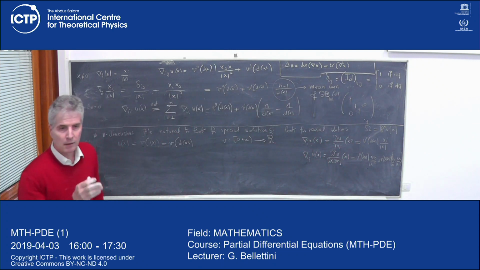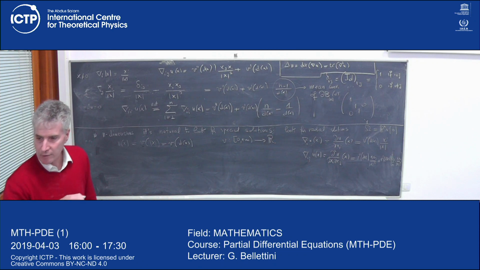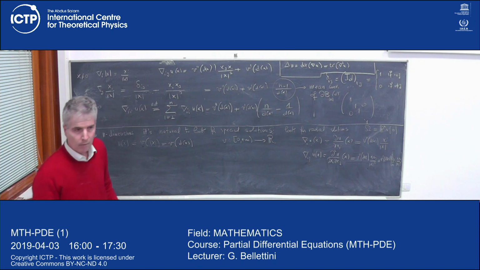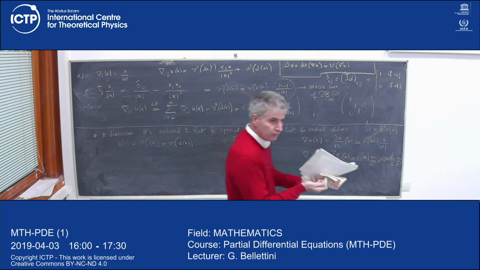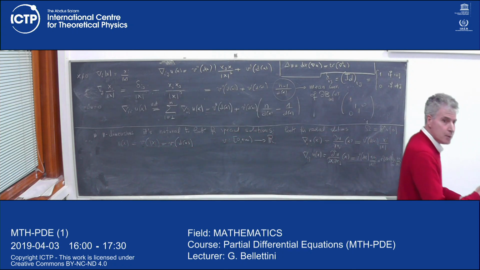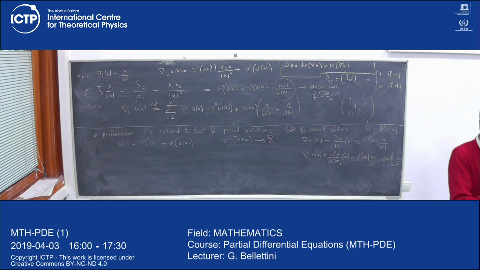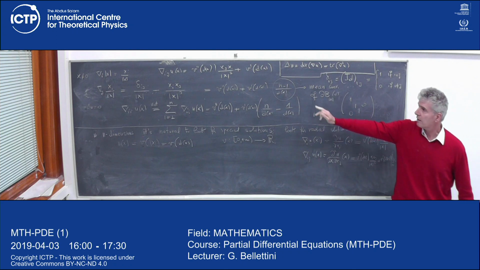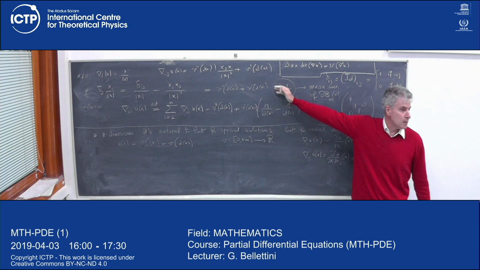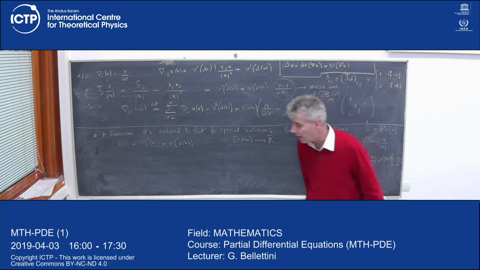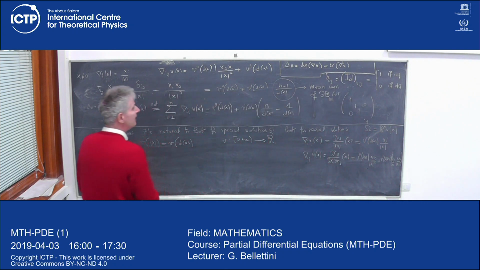Each principal curvature is 1 over the radius, but this is an n-dimensional surface, and you sum up. Mean curvature is the sum of the principal curvatures, it's not divided by n. All curvatures are the same. It turns out that this has a geometric meaning. That's maybe why I wrote d of x.